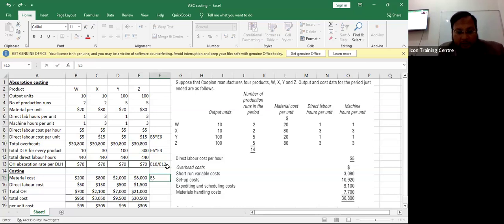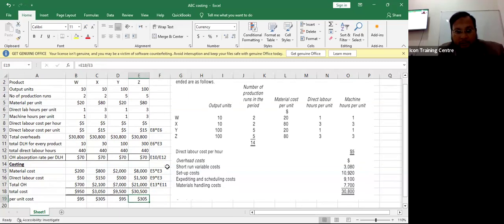For this, E9, E3, okay? For this, E13, E11. This is the sum, and this is E18 divided by E3, okay? Right?